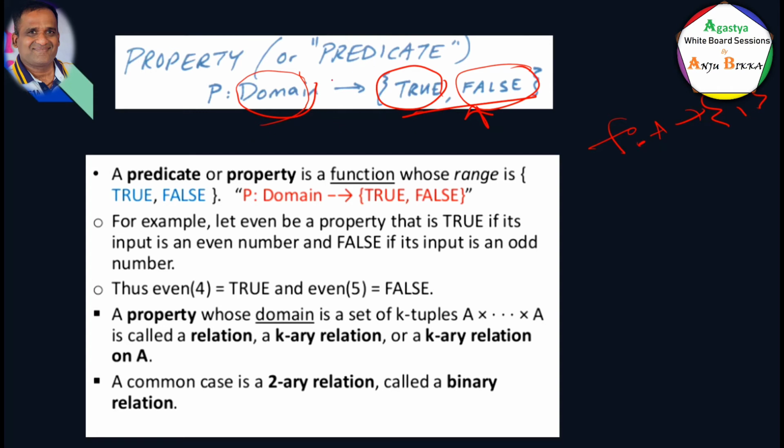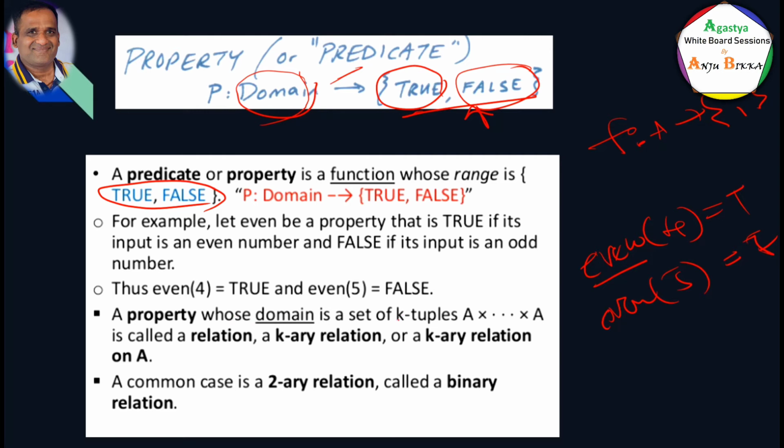This is what is called a predicate: a function whose range is the set of Boolean values, either true or false. For example, if we have a function called even, even of 4 is true, and even of 5 is false, like that.